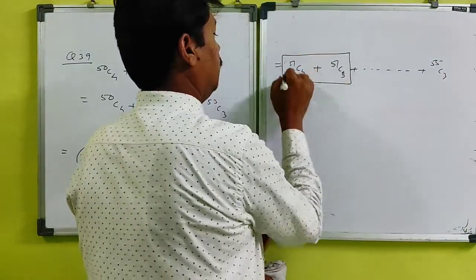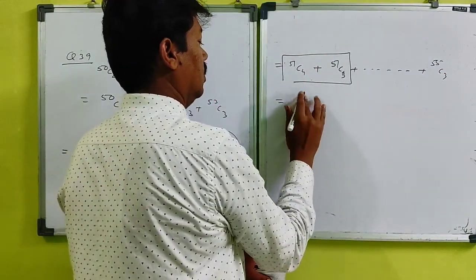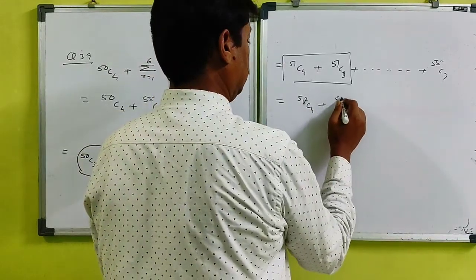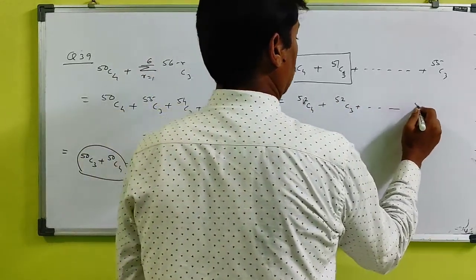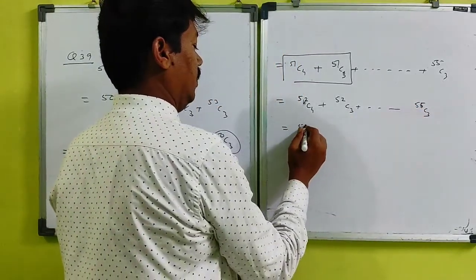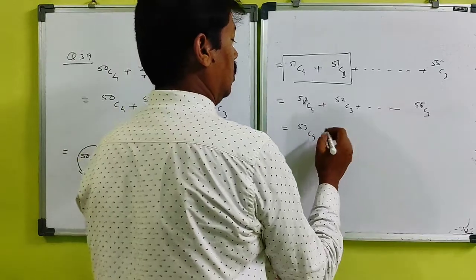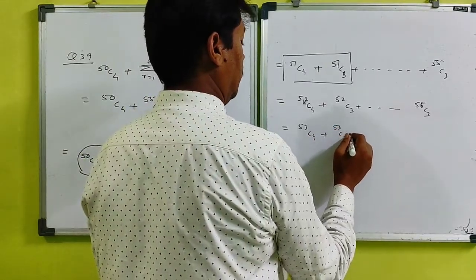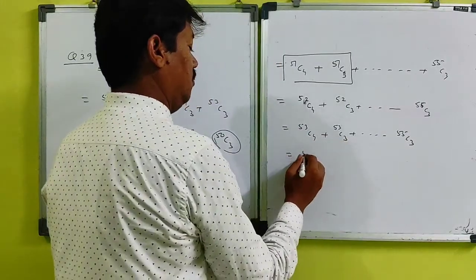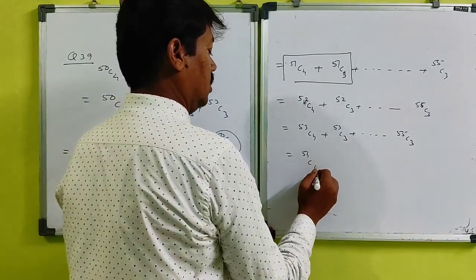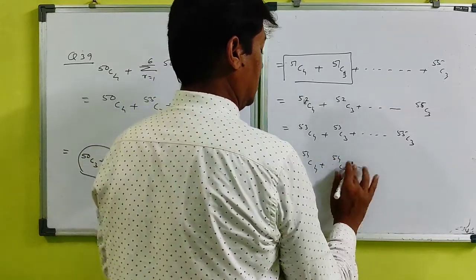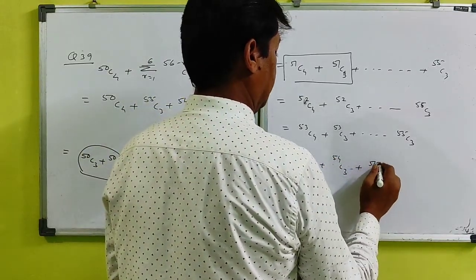So this becomes 52C4, then 53C4, then 54C4, like this, with 54C3 and the last being 55.